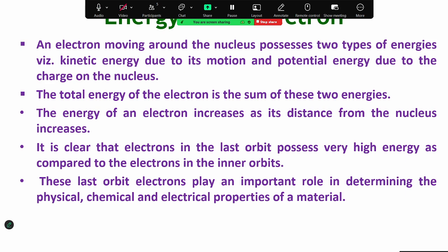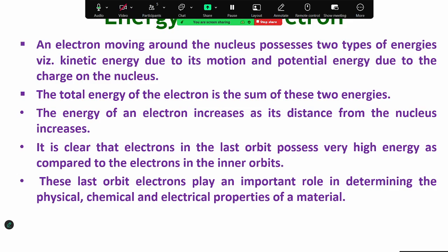You can correlate with the planets also. Planets are revolving around the sun. You have 9 planets in the solar system, and the 9 planets are revolving around the sun. So why are the planets not falling on the sun?